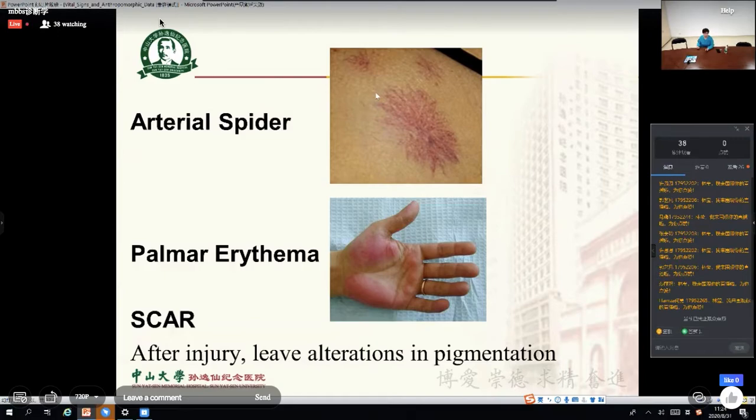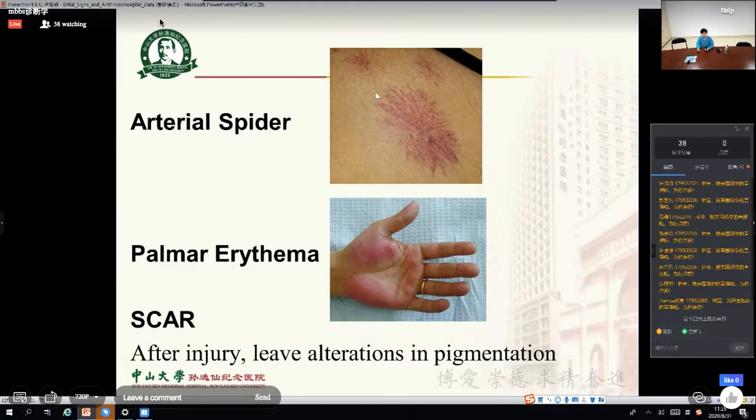And sometimes we need to examine the skin of the patient for scars. They may form after injury and leave alterations in pigmentation, and they will give you some stories. The patient may have had injuries to a body part or some previous surgery, so you need to examine the scars on the patient's body. This will give you some history.